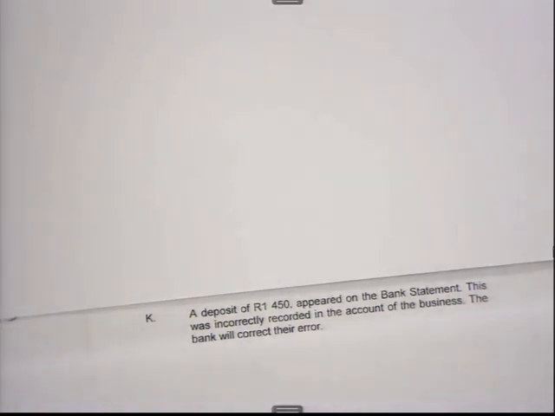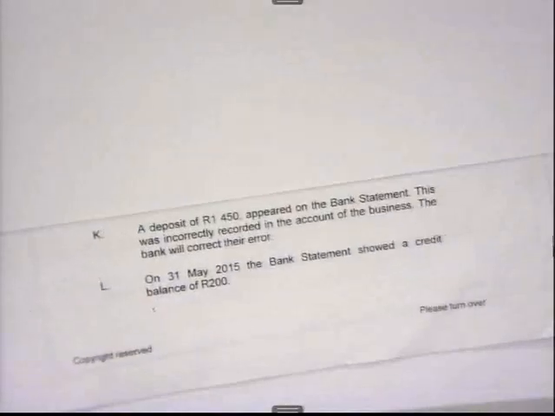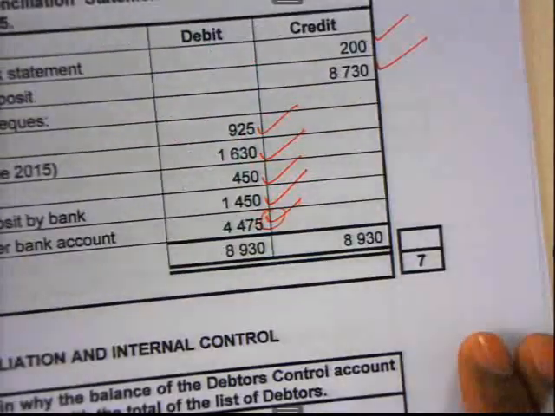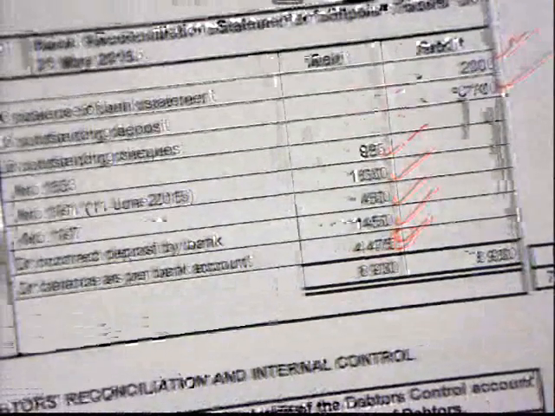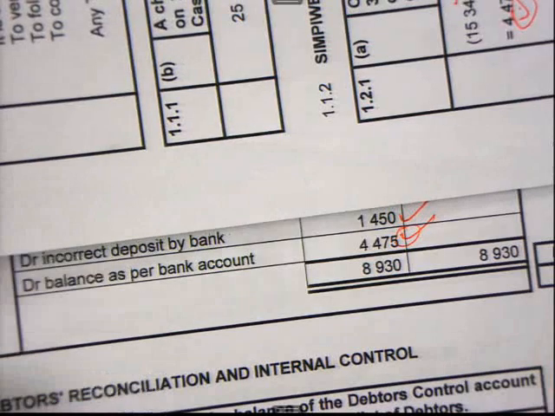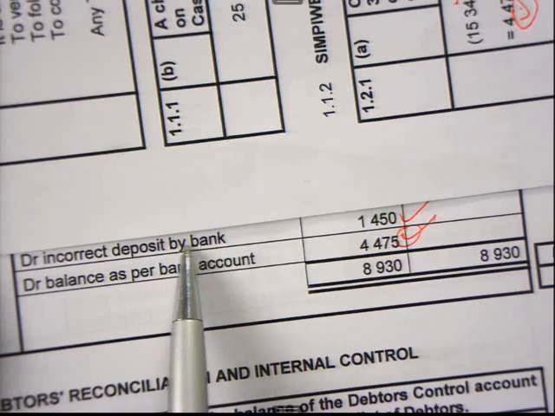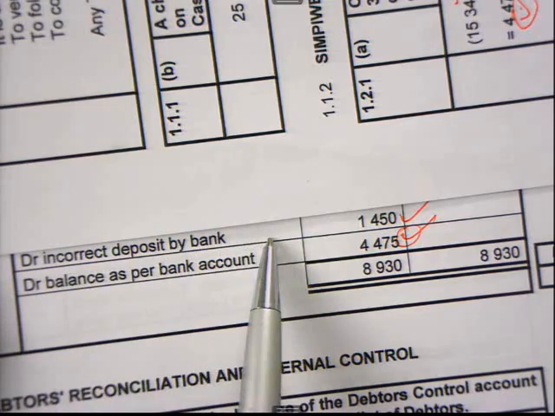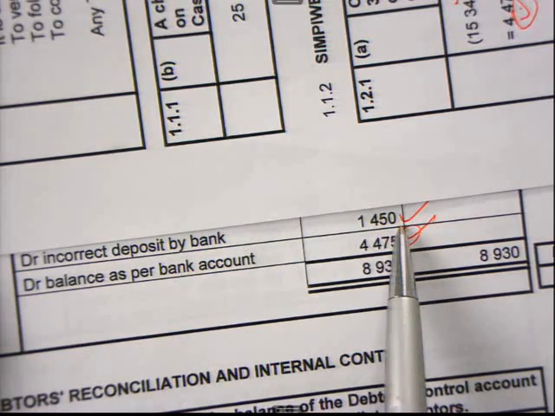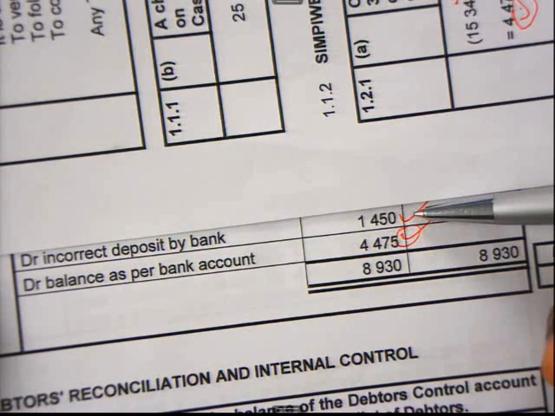Right? Now where will we do this? We will do it on the BRS. So when we go to our BRS, this amount will go to the debit side of the BRS as what? A debit, incorrect deposit by the bank, 1,450. You were also awarded 1 mark.